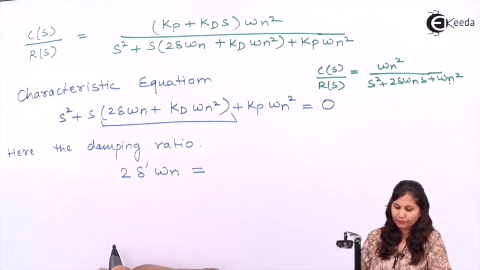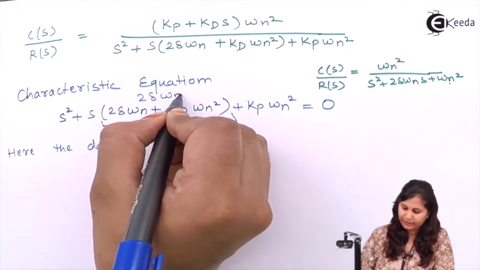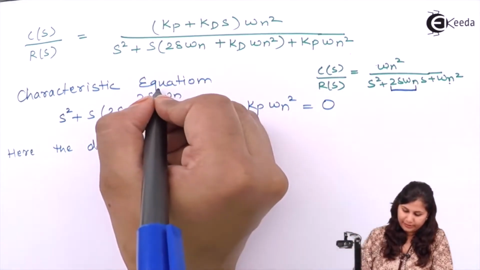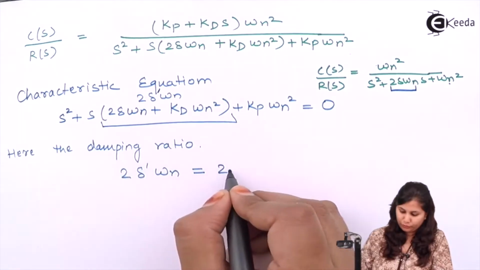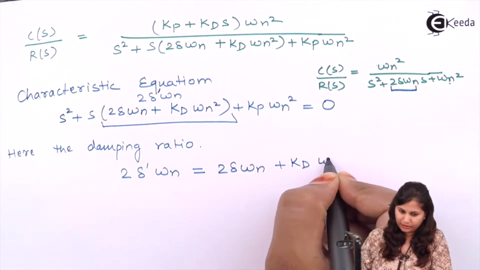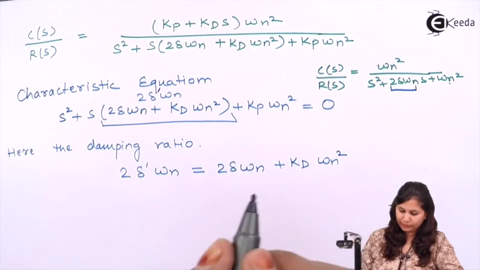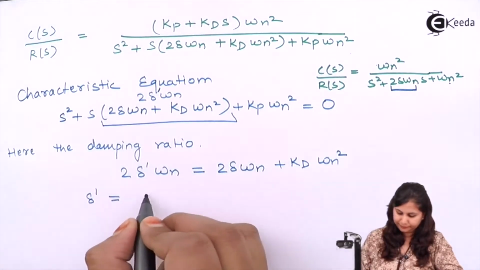If we compare this with 2 delta omega n, the coefficient of s, then delta dash is equal to 2 delta omega n plus Kd omega n square, divided by 2 omega n.